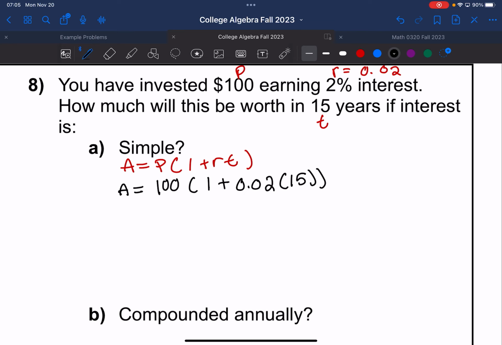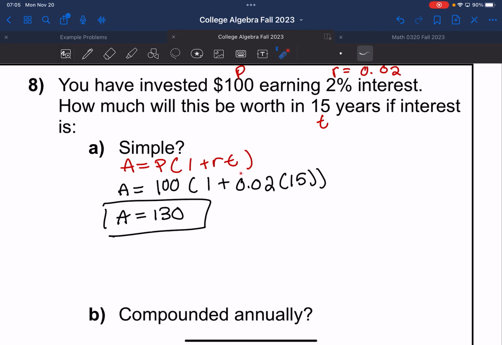Plugging that into your calculator, you should get A is equal to 130, so $130. Remember, in some of your calculators, you may need the extra parentheses here. Just depends on the type of calculator.